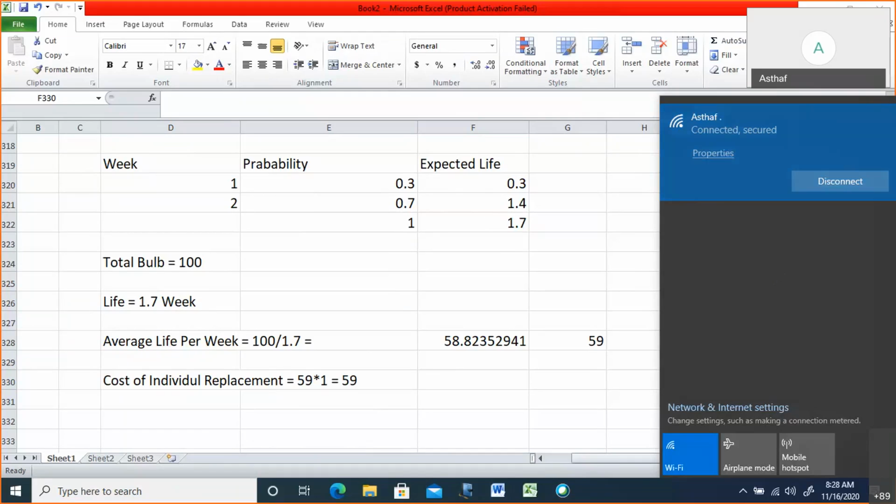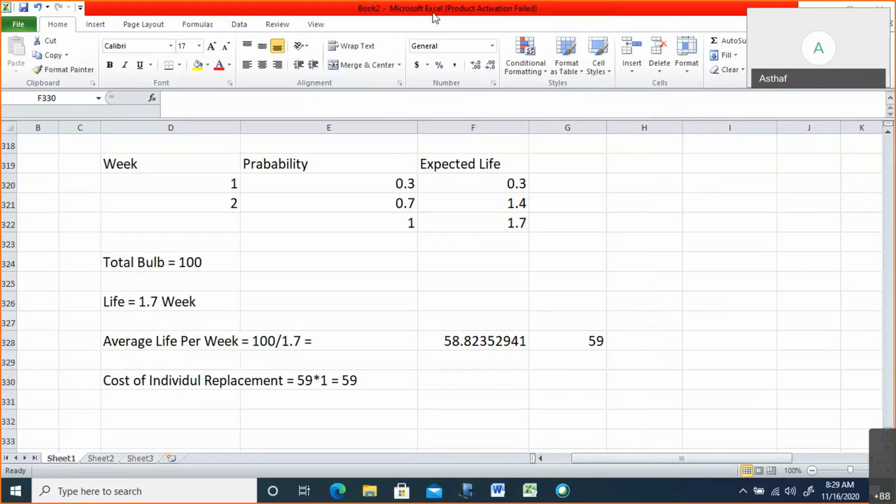Please wait, let me rectify. We will rectify. Yes, my dear friends, hope now the voice is clear.